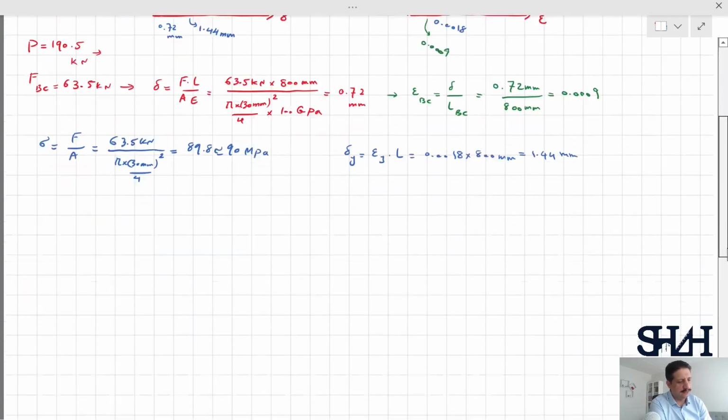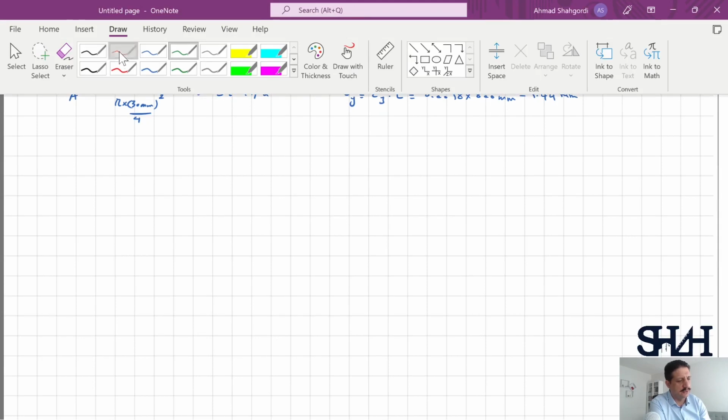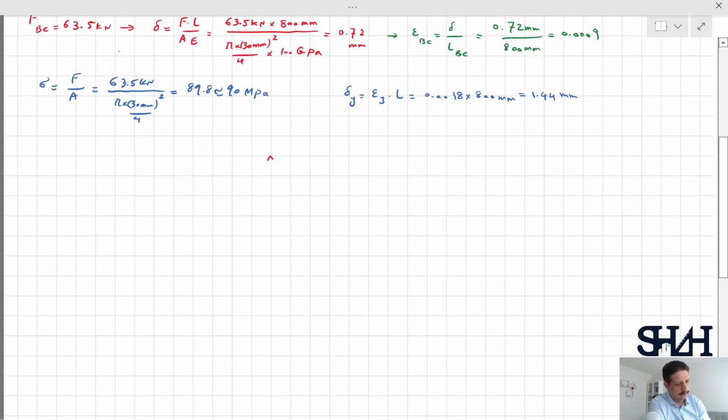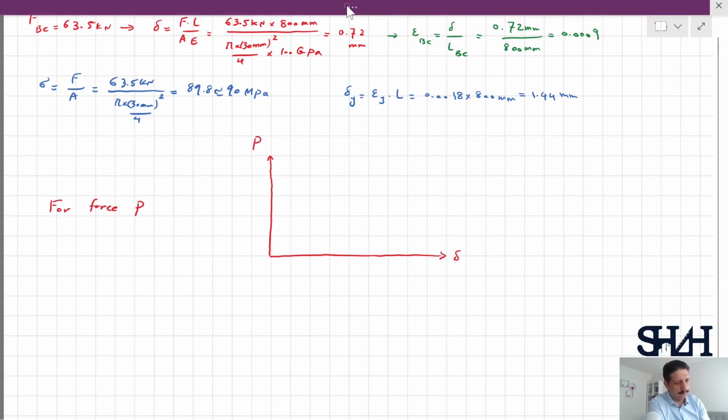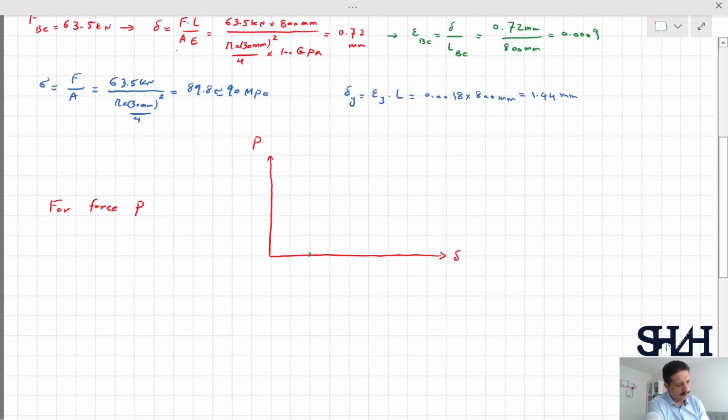Before we increase the load to see what would happen, let's sketch also the force and deformation. This is the entire force of the whole system. So here, this is the force, this is delta, and this is for A, for force P. Better to write down that way. For force, deformation is 0.72 millimeter with the value of the load, which is 190 kilonewton.